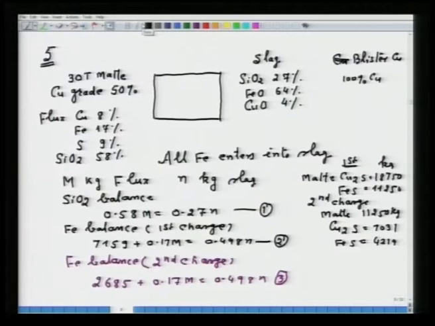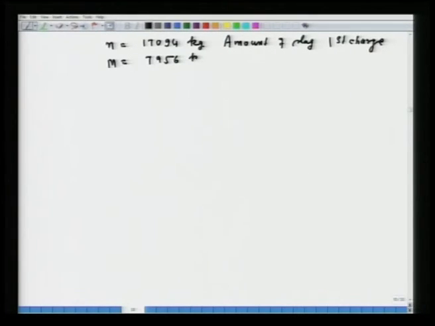So, if I do that, then the n, that is equal to 17094 kg. This is the amount of slag in the first charge. Then m, amount of flux, that is equal to 7956 kg.